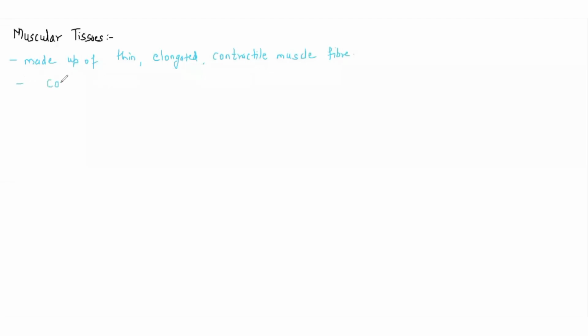In short, muscular tissue is a contractile tissue. This tissue is responsible for one very important factor called contraction. And the unit of contraction is the sarcomere. Sarcomere is regarded as the unit of contraction.